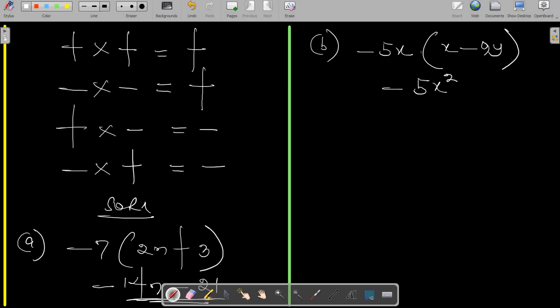Please don't forget, x times x is x squared. So negative again times this negative, we surely have it to be positive. Don't forget, 5 times 9, we have it to be 45. 5 times 9 is 45. Then we write what? x times y, we have xy. And that's definitely the answer to that question.